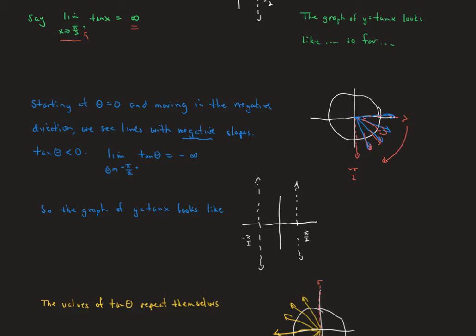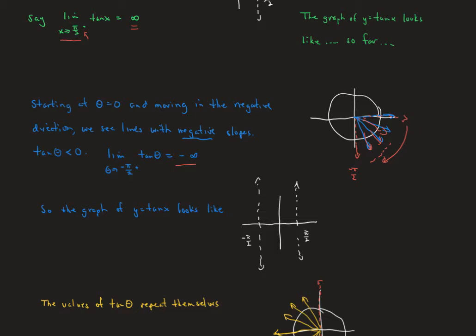That is, we can say the limit as we approach negative pi over 2 coming in from the right, because remember a smaller negative is bigger than a bigger negative, this tangent then is going to approach negative infinity.